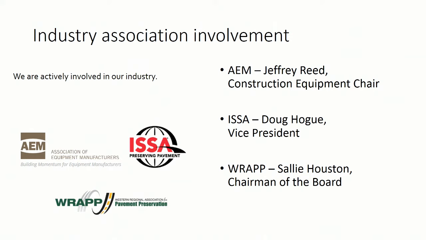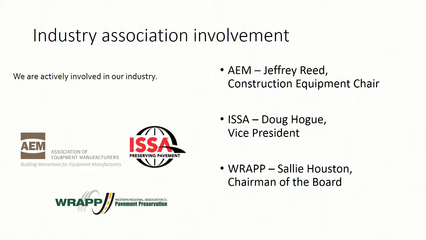We're also very involved in our industry. Association of Equipment Manufacturers, our corporate CEO and the owner of our company, Jeffrey Reed, is the construction equipment chair. ISA, International Slurry Surfacing Association, I'm the current vice president, going in as president next year.